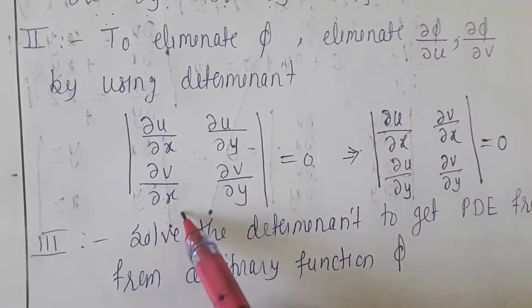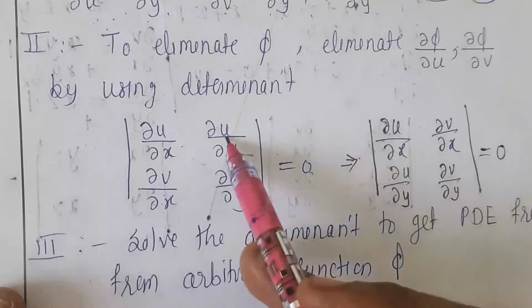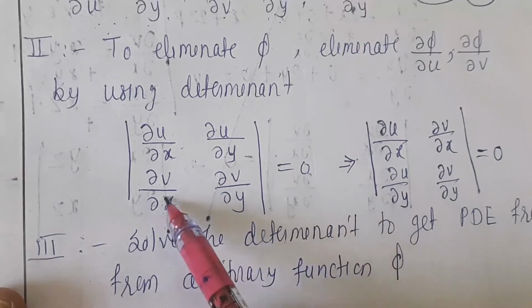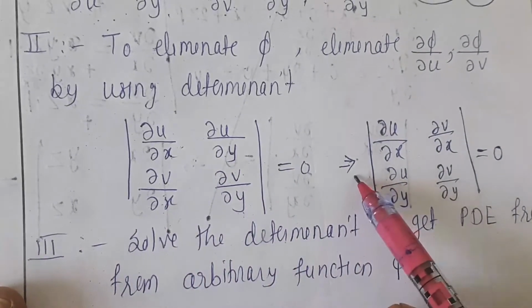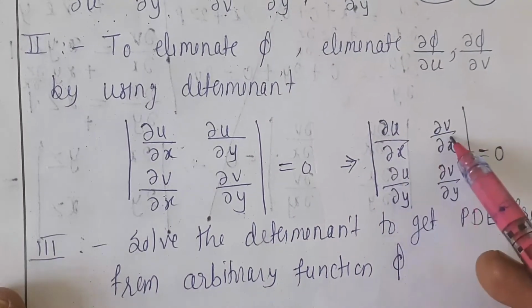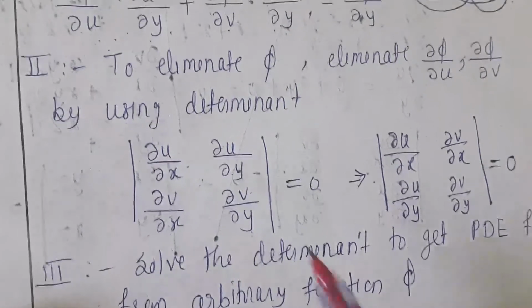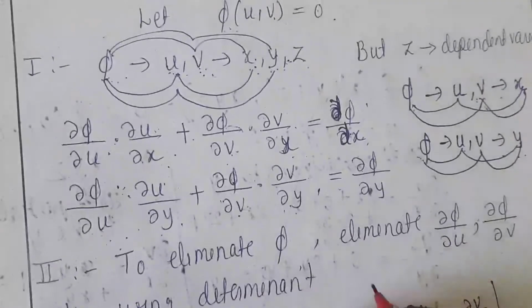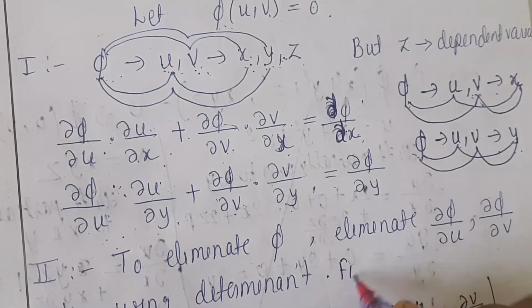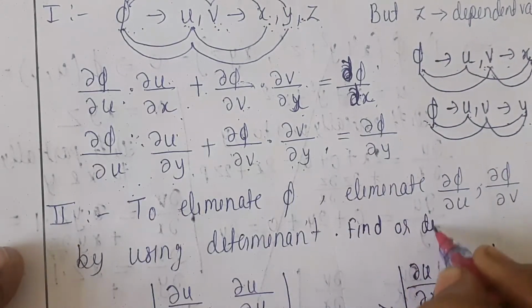So the determinant with rows del u by del x, del u by del y and del v by del x, del v by del y, equate it to 0.